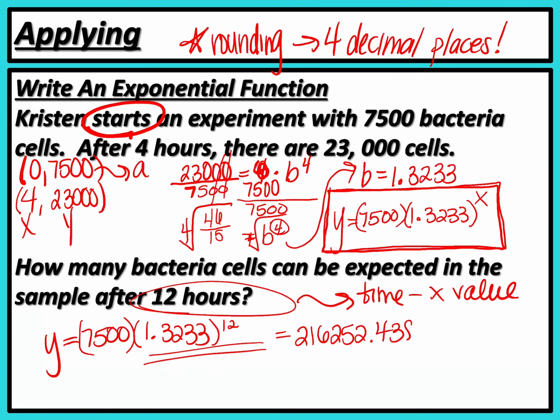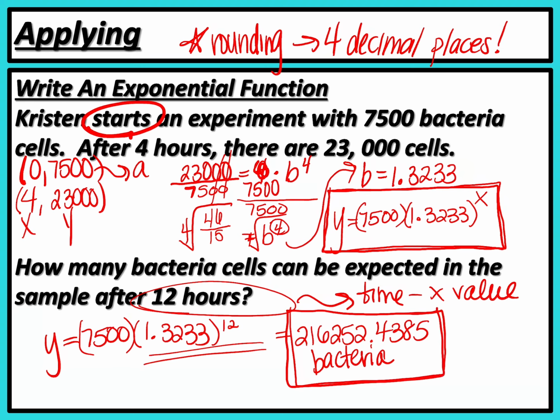And again, we're going to round. Always round to 4 decimal places for our answer. So we caught those bacteria maybe mid-cell division, because we have 0.385.